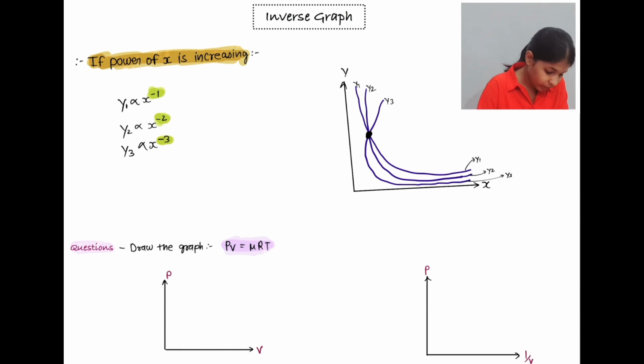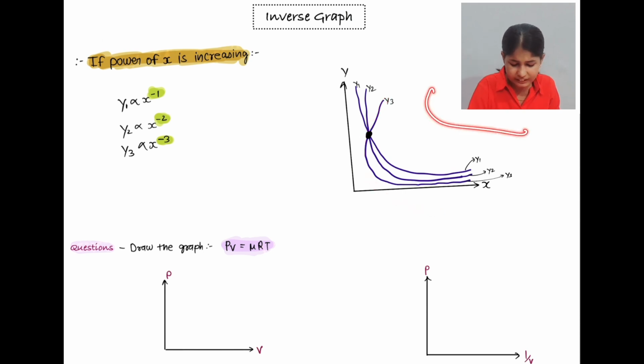Now you have to focus here. Because the value is the same and only the power is changing, it has a common point. That's why it has a common point. But some of the graphs are a little bit steeper. Do you know what steep means here?